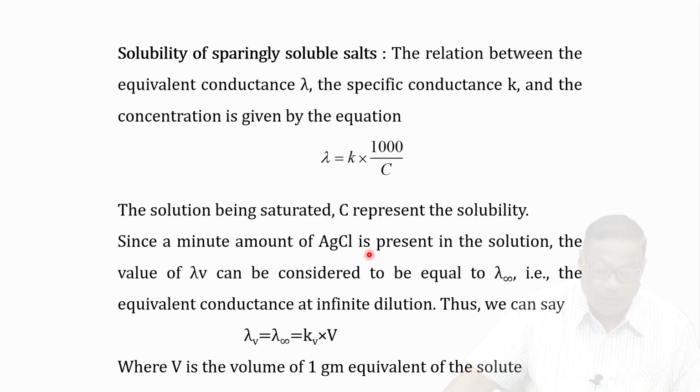Since a minute amount of silver chloride is present in the solution, assume that we take silver chloride. A small amount of silver chloride dissolves in water, and the value of lambda V can be considered to be equal to lambda infinity, that is, the equivalent conductance at infinite dilution.